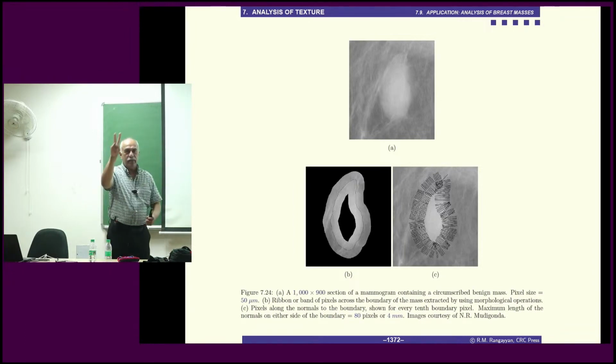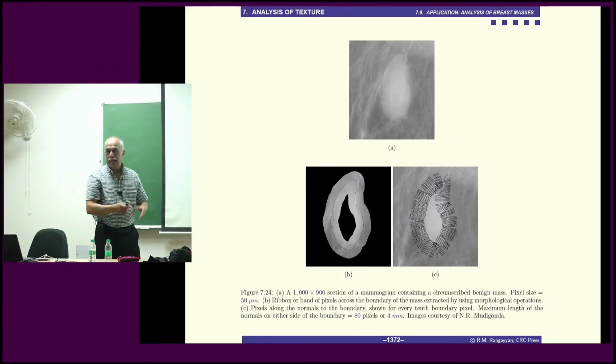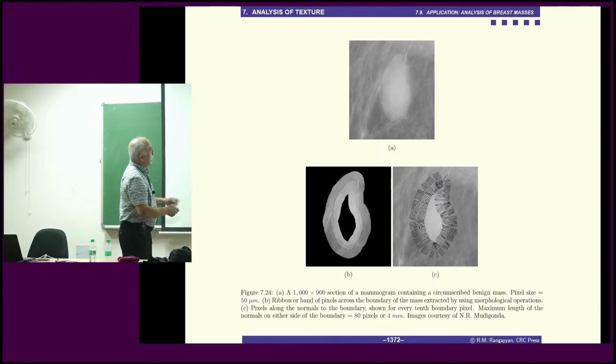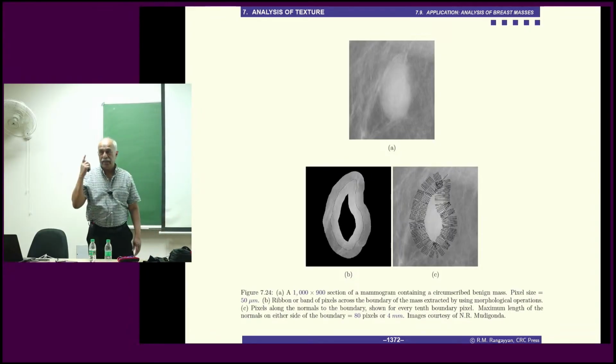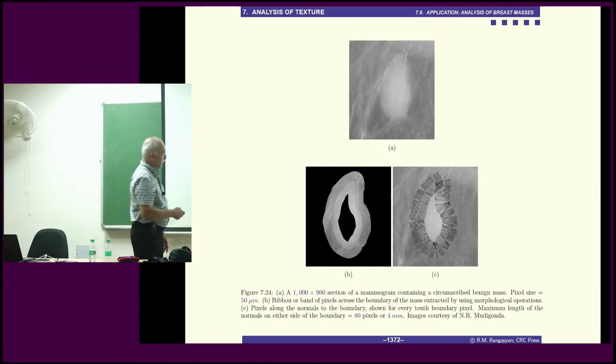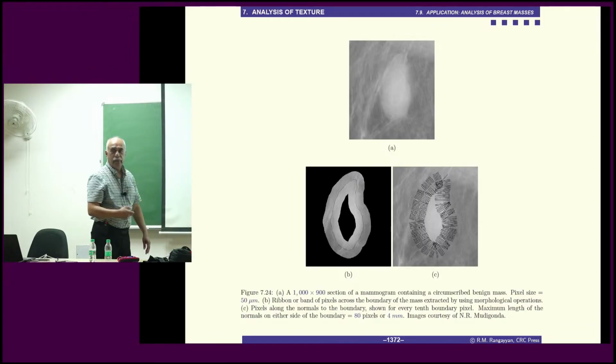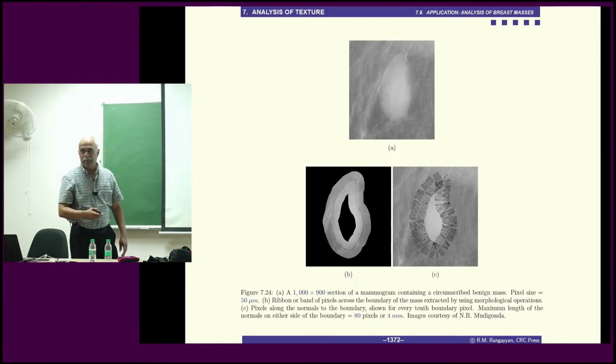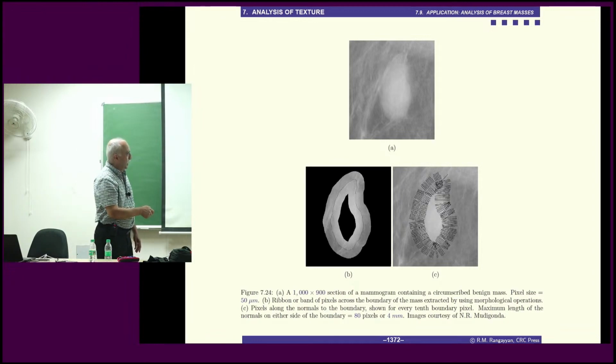So it's a ribbon molded to the shape of the mass. And then at every pixel along the boundary we drew normals, like computing acutance I described earlier. We drew normals and computed the acutance or edge sharpness measure. And using this ribbon, we computed the Haralick texture measures. We didn't map this to any other shape.